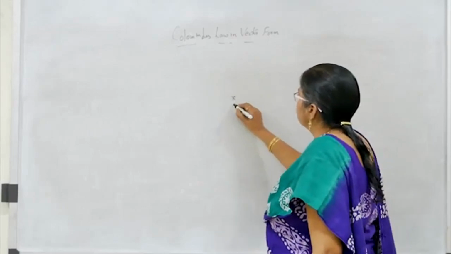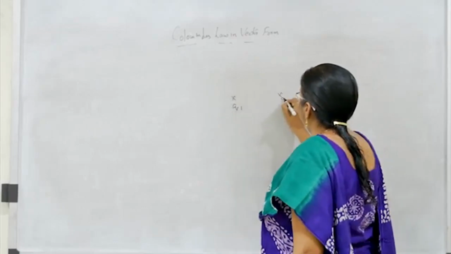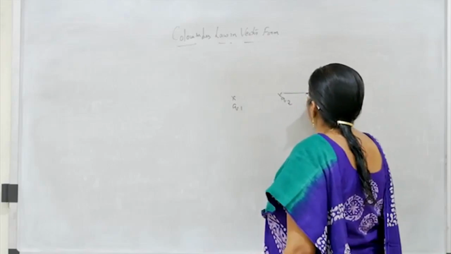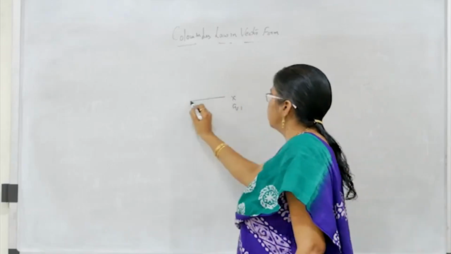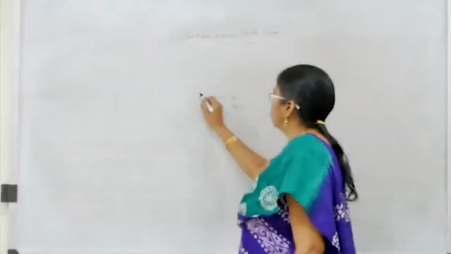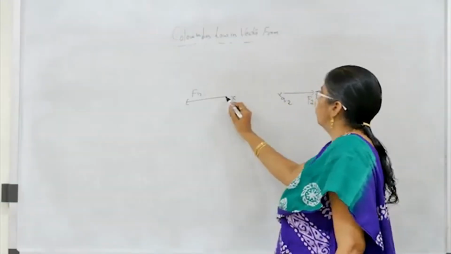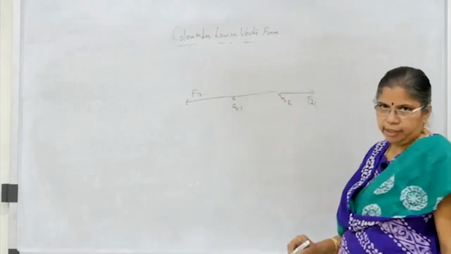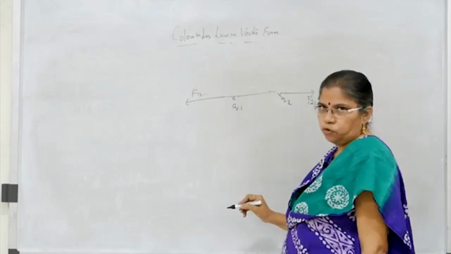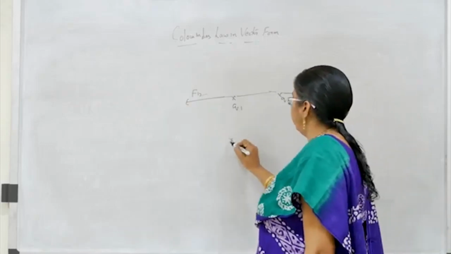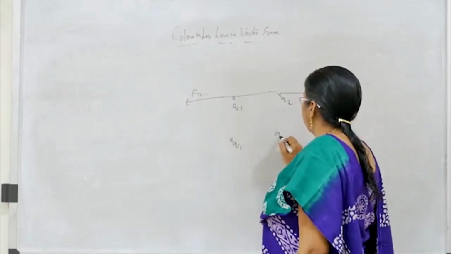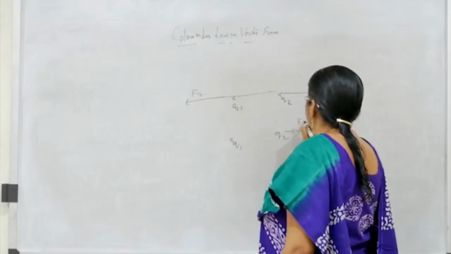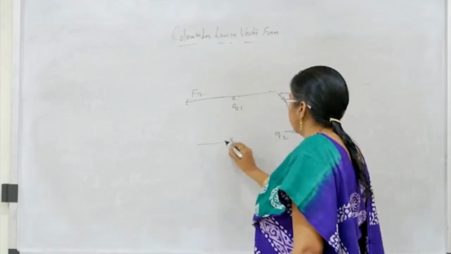These are charges Q1 and Q2. So this is F21 and this is F12. If both are the same charges, then their direction is like this, and it is a repulsive force. And if Q1 and Q2 are opposite, it is an attractive force, like this.